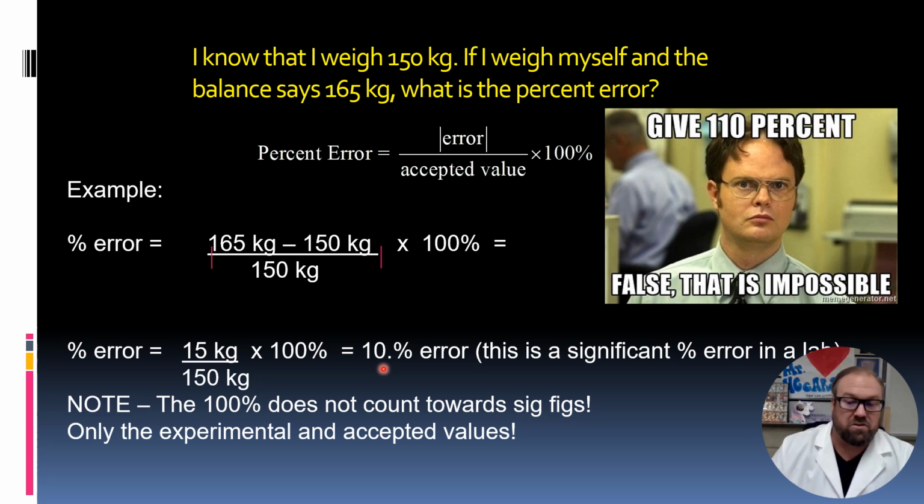Now, 10% is not insignificant. That's a pretty significant error in a lab. In college, that would probably cost you points. In high school, it's not great. It lets you know that there was something wrong in your procedure or your technique or your skill using a particular tool.